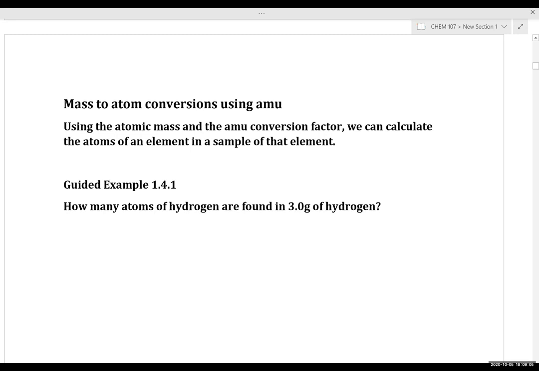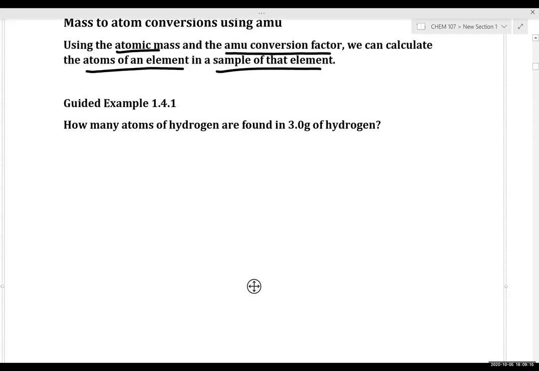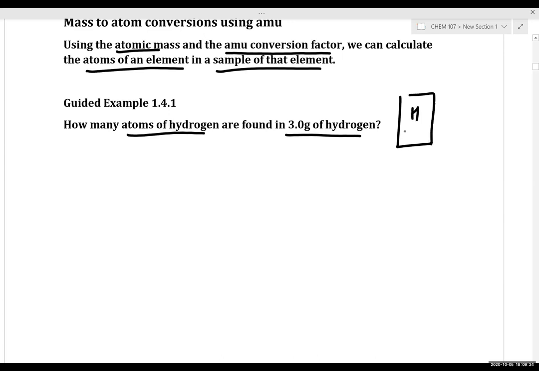So let's discuss mass to atom conversions. Using the atomic mass and AMU conversion factor, we can calculate the atoms of an element in a sample of that element. For example, we're asked how many atoms of hydrogen are found in 3 grams of hydrogen, keeping in mind that hydrogen has an atomic mass of about 1 AMU.